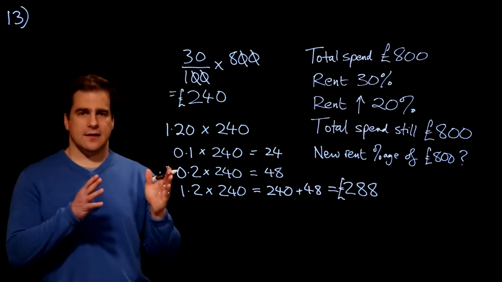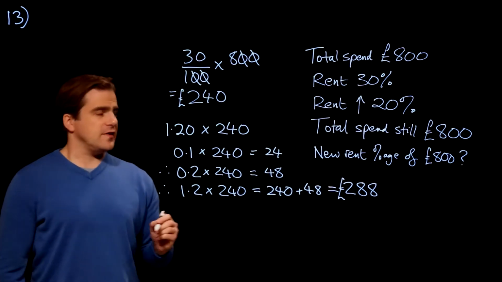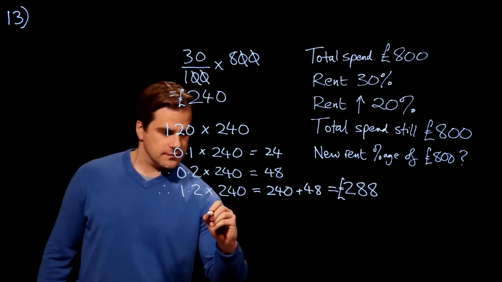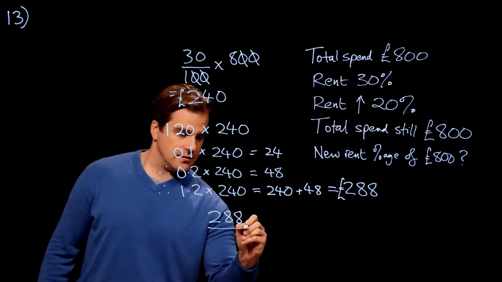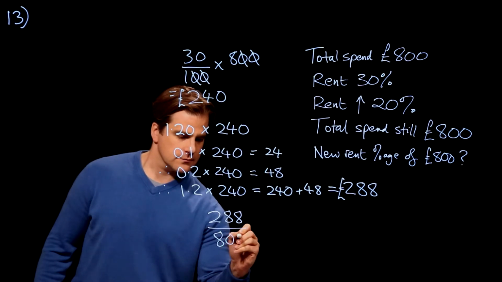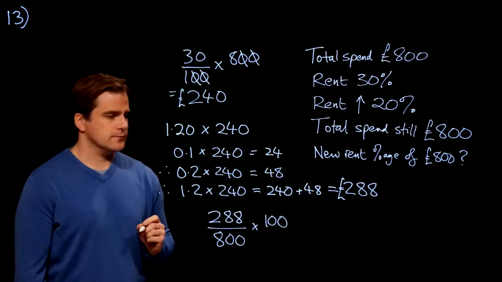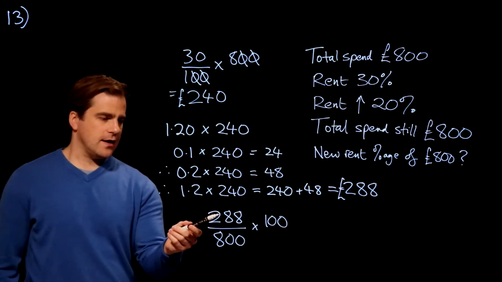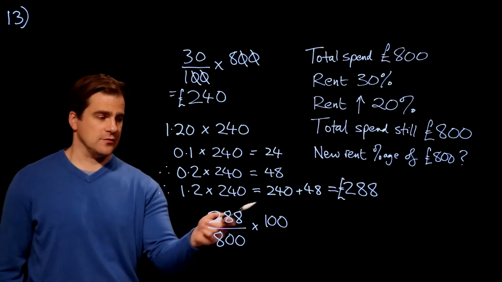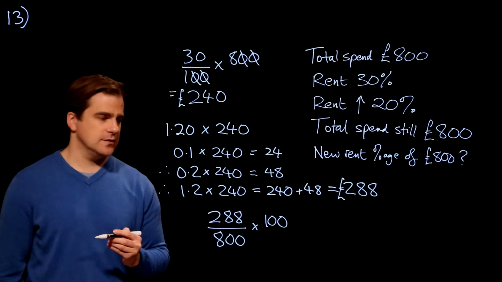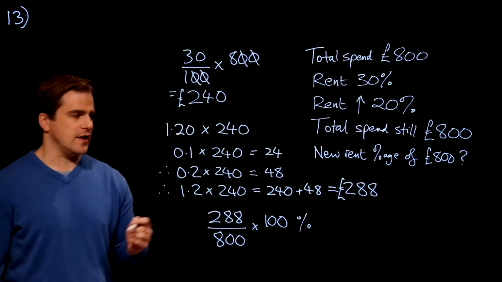So, you stick it into the percentage formula. 288 as a percentage of 800 is written like this: 288 divided by 800 times 100. Something as a percentage of something else, you divide it like that and multiply by 100, and that will give you the percentage. So if you like, you can write the unit of percent in there.